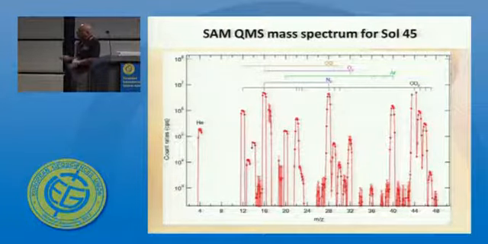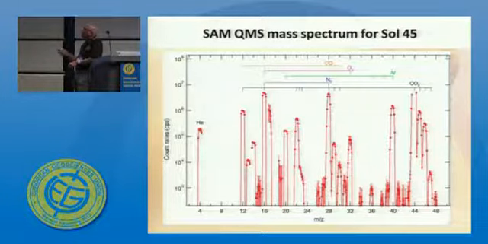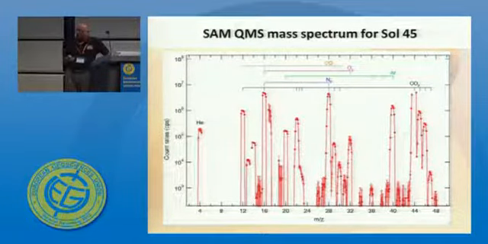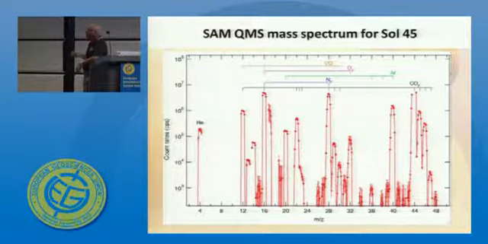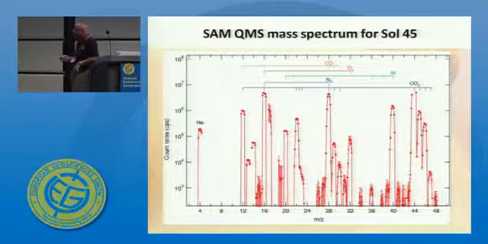The measurements were carried out with the SAM quadrupole mass spectrometer. And this is a typical spectrum on Sol 45. We're around Sol 232 or maybe more at this time. So this was at the beginning, but we carried out these measurements time and again over many, many months.